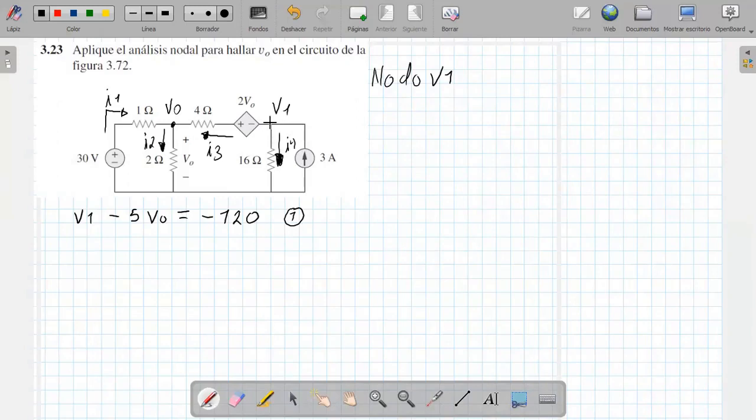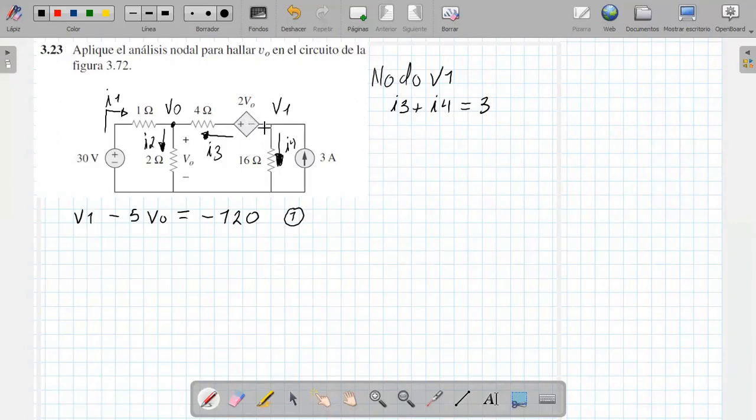It enters here and has 2 paths, the N3 and the N4. Then N3 plus N4 is going to be equal to 3 amperes. But the interesting thing is that we already had it in the previous equation.